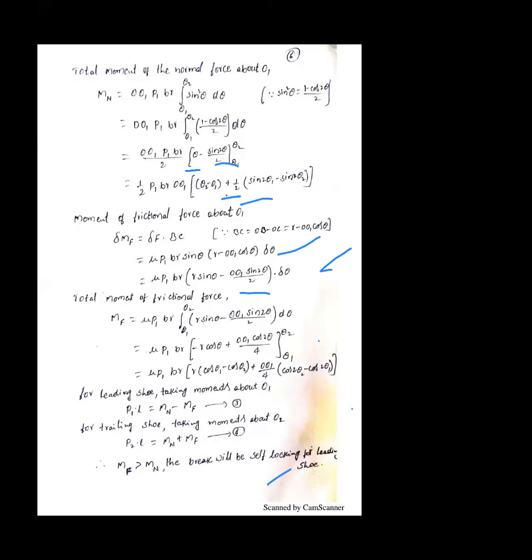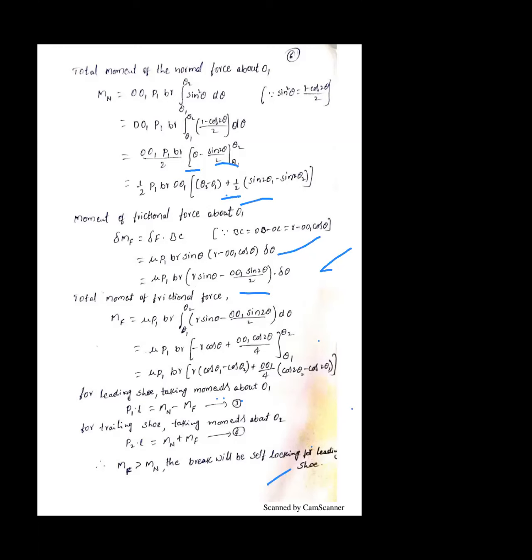Applying the limits, we get mu p1 b r into r into (cos theta 1 minus cos theta 2) plus O1 by 4 into (cos 2 theta 2 minus cos 2 theta 1). So that is the total moment of frictional force.